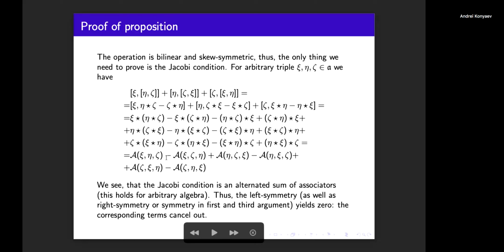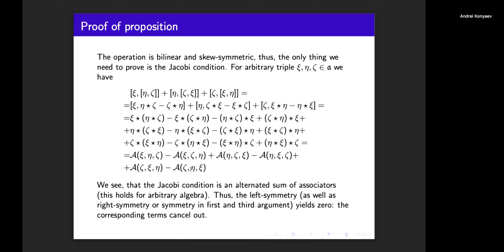So we write -1, and then we can switch these two to get this one, and again we get -1, and this will again yield us +1. Then we do the switching again, and it yields us -1. Then we do this switching again, +1. So it is an alternating sum of associators. It's a general property. You should always keep it in mind.